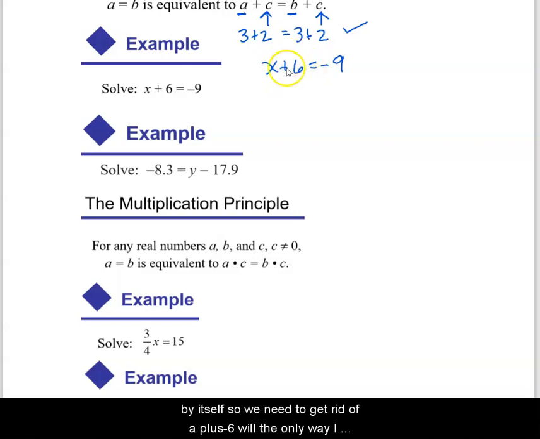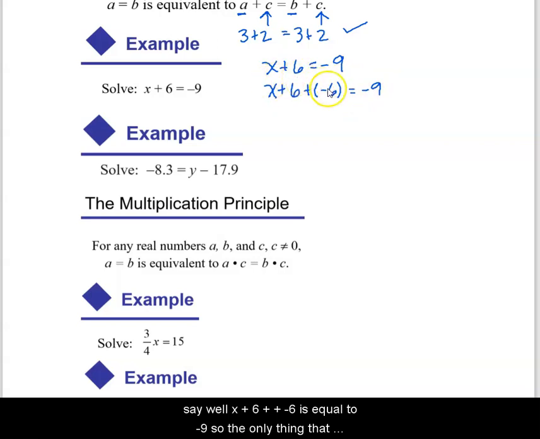Well, the only way I can get rid of a positive 6 is to subtract 6, because 6 minus 6 is going to be 0. And if I subtract 6 from this side of the equal sign, our principle up here says we've got to do the same thing to this side. Since we're calling it the addition principle, I'm going to say x plus 6 plus a negative 6 is equal to negative 9.